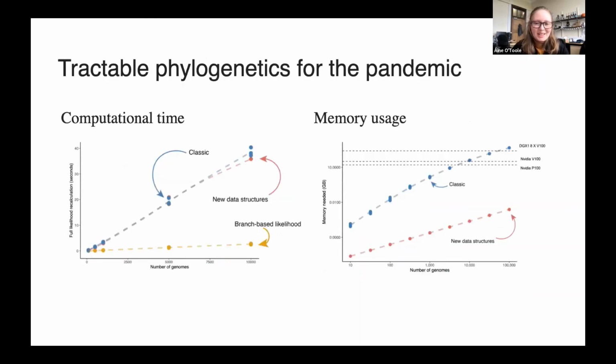And the result is that instead of scaling as the number of genomes goes up like the blue line, we scale like the yellow line on the left-hand plot and like the red line on the right-hand plot. Looking just at the right-hand plot, you can see a couple of dashed lines at the top, and the very top one is the memory available on one of our machines that we run these analyses on.